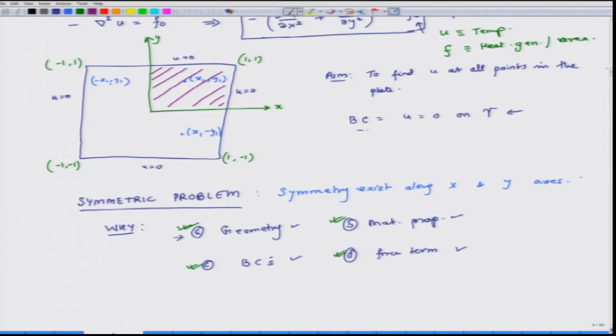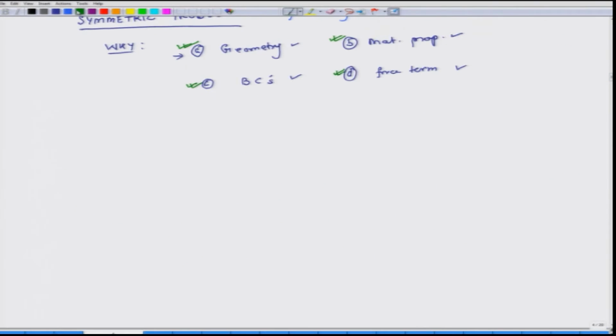So, we will exploit this feature of symmetry. So, then my reduced problem is this. Okay. So, reduced problem is this.